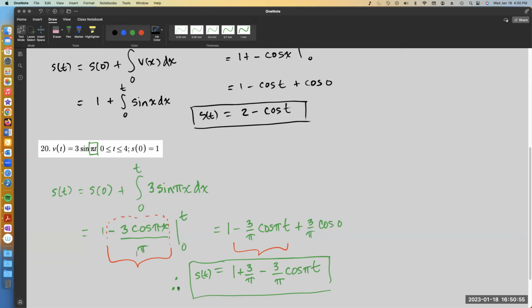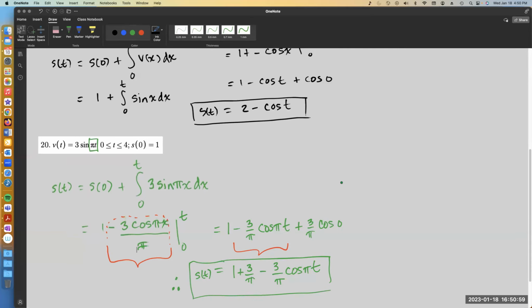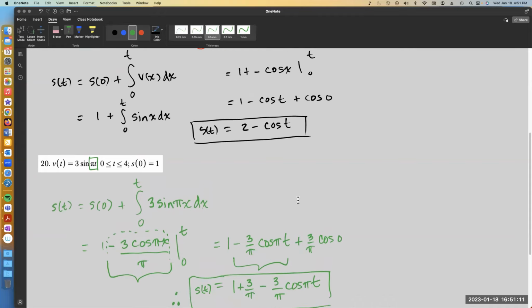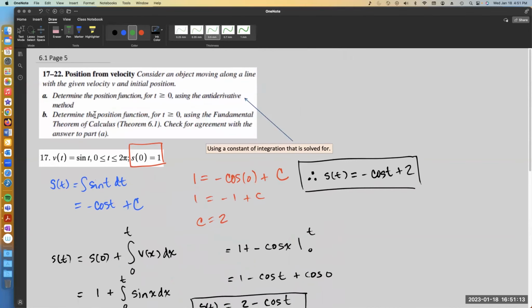So in these questions, like stating that t is between or equal to 0 and 4, is that not really relevant for what we're calculating here? So great question. If they asked, so this just says determine the position in both of these.